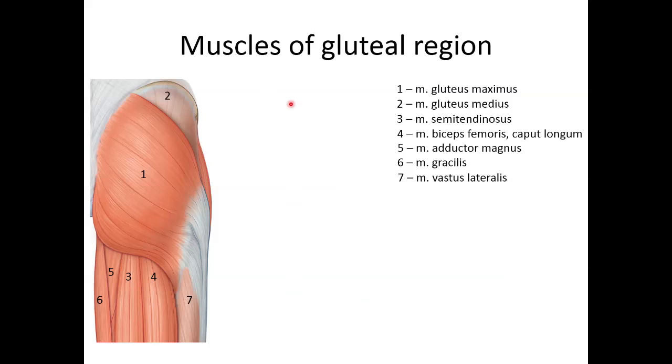But now we are watching from posterior surface. So vastus lateralis could be seen both from anterior and from posterior surfaces. It's very important.